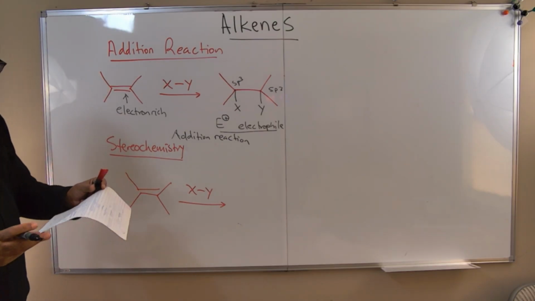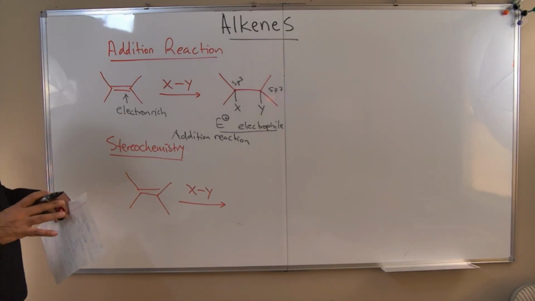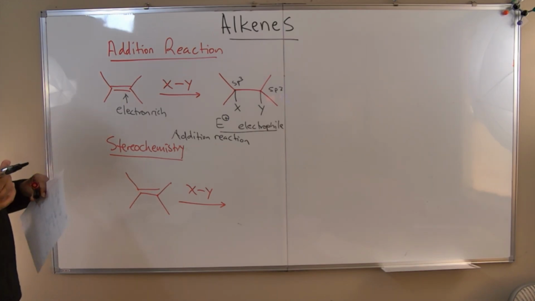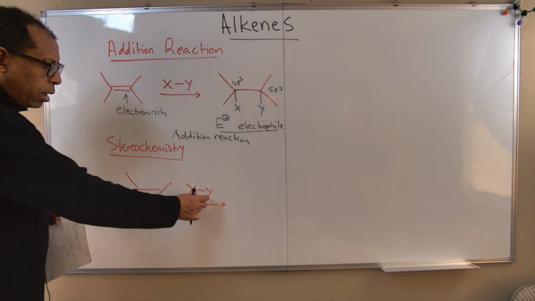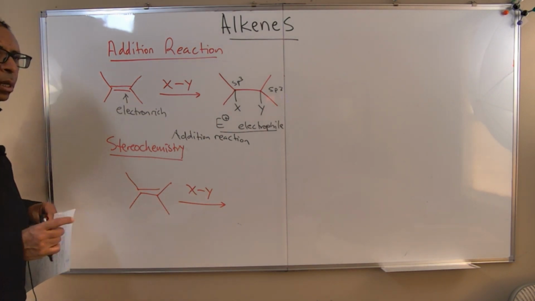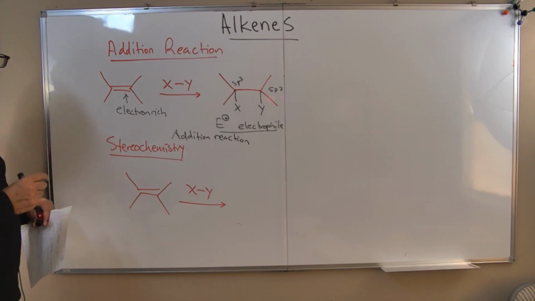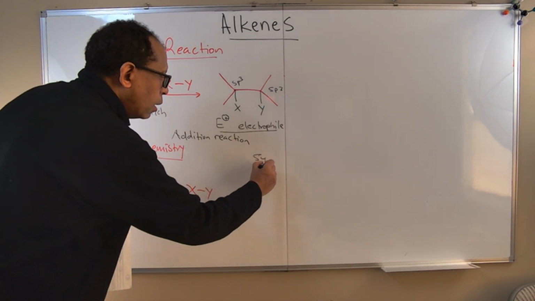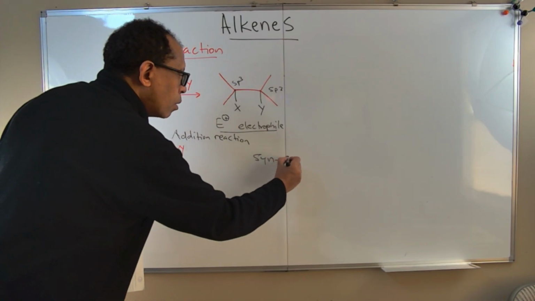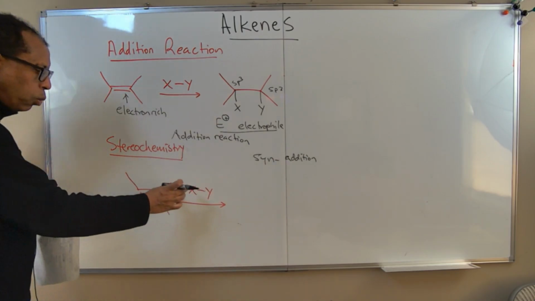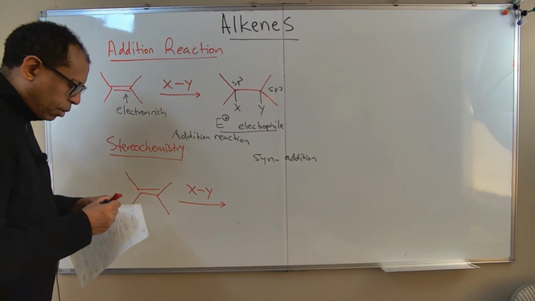The addition always happens stereochemically. There are two things you need to consider. The XY molecule could add from the same face. That's called syn addition, when the XY comes from the same side.